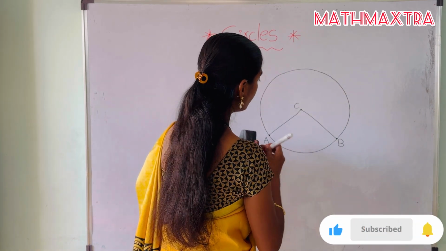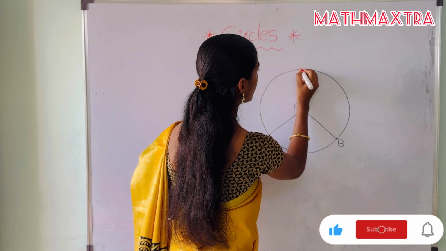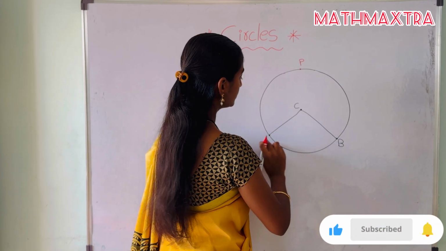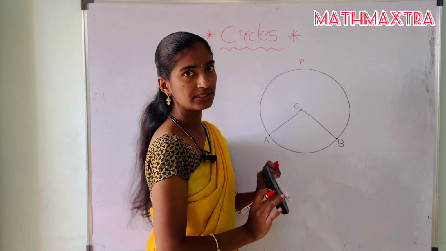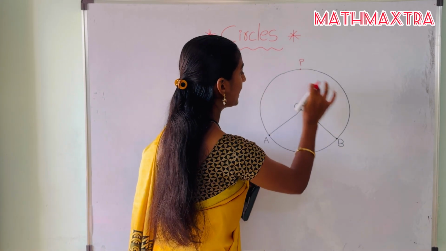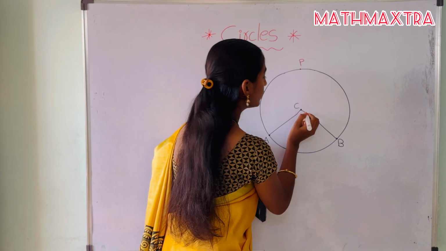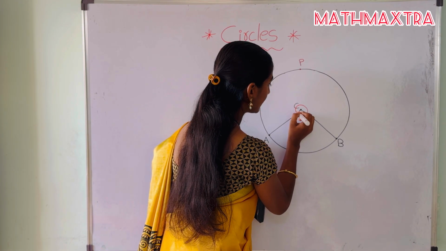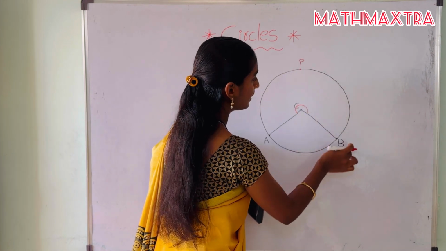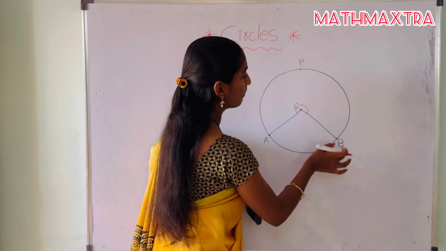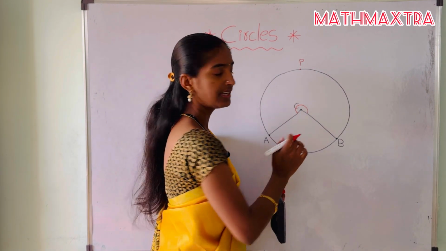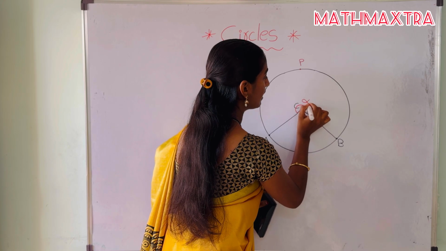Okay. So if we consider a point P here, this is arc APB, isn't it? So this arc APB makes an angle at the center. What is that angle? This total arc APB makes this angle at the center, which is nothing but alpha.